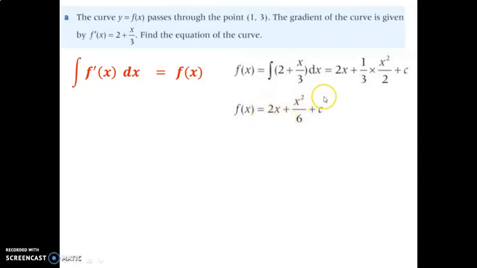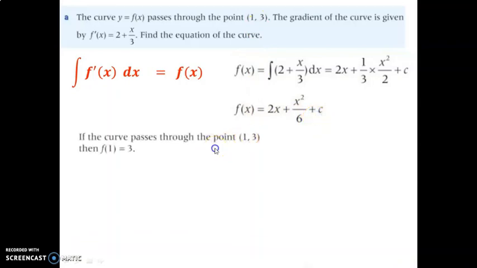This represents many possible functions, but we are told that the function we're looking for passes through the point (1, 3). So we know that point will help us get the exact equation for the function we're talking about, because even though this represents infinite different functions, there's only one of those infinite functions that passes through this point. So let's use that point to help us. Substitute in for y and x here to solve for c.